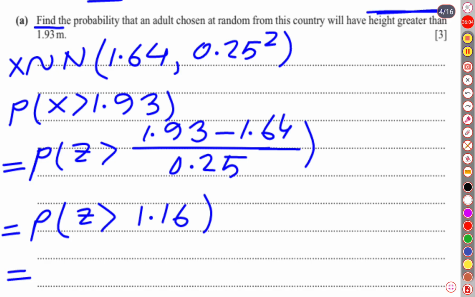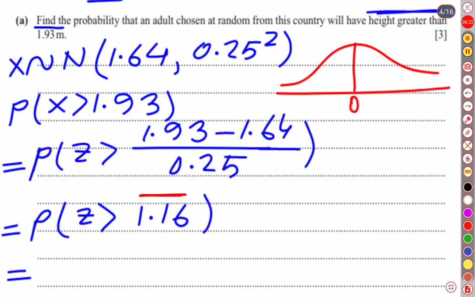Now let us see what this actually means. We will have to draw a normal distribution graph. Suppose this is our normal distribution graph, which is symmetrical, and the z-score on the mean line is 0. As our z-score is positive, it lies on the right side of the mean line. Suppose it is over here, 1.16 is the z-score, and they asked for the probability greater than this score.